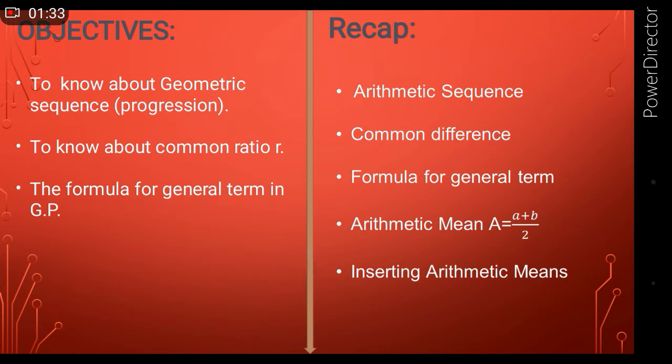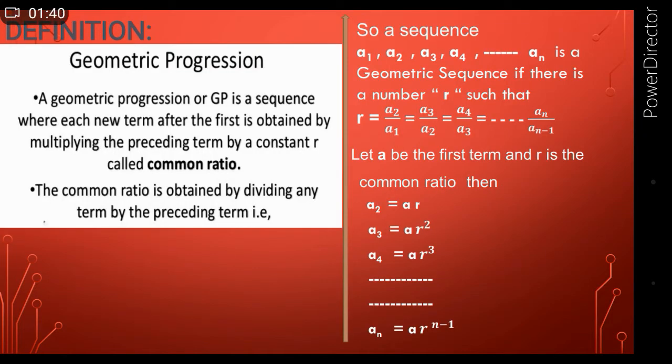So now come towards today's topic, that is geometric progression. What is geometric progression? A geometric progression or GP is a sequence where each term after the first term is obtained by multiplying the preceding term by a constant called common ratio.